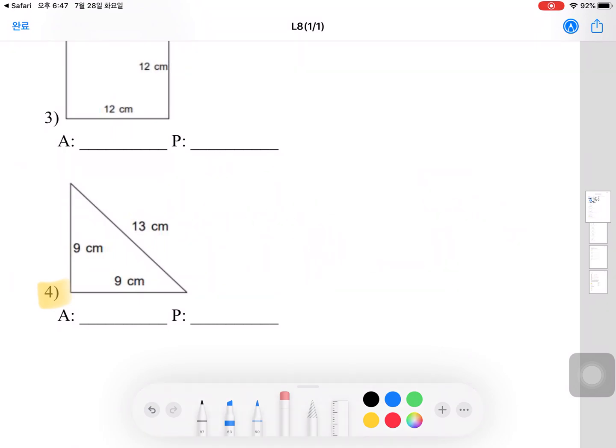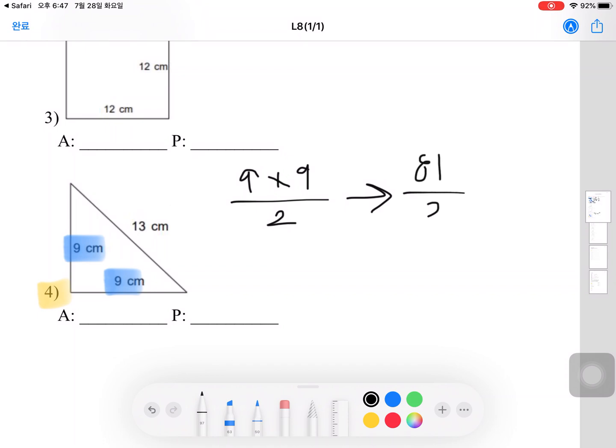We can see here that the base is 9 centimeters and the height is 9 centimeters. So we just simply have to do 9 times 9 divided by 2, which can be written as 81 divided by 2. 81 divided by 2 is 40.5. So the area is simply 40.5.